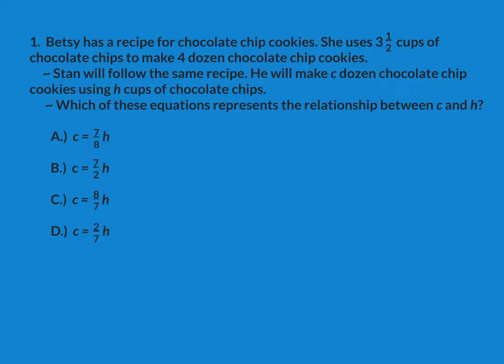the first thing we have here is that she uses 3.5 cups of chocolate chips, of course, to make 4 dozen cookies. So the easiest thing is typically to set up a ratio, but before we do that, we want to make sure that we understand what C and H represent. So I'm going to write a couple of let statements here.